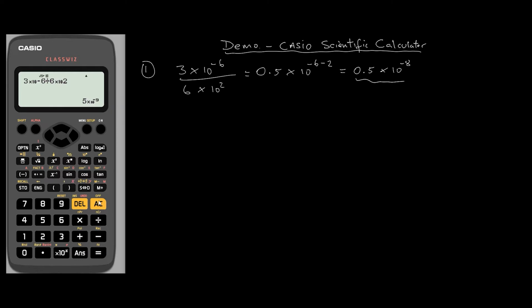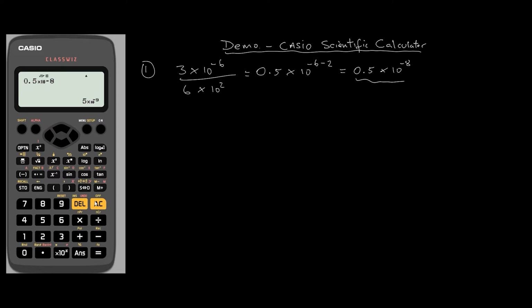Okay, just to give you another quick demonstration, so if you did have 0.5 times 10 to the minus 8, like so, we'll hit equals. You could hit the engineering button and you get the same thing.